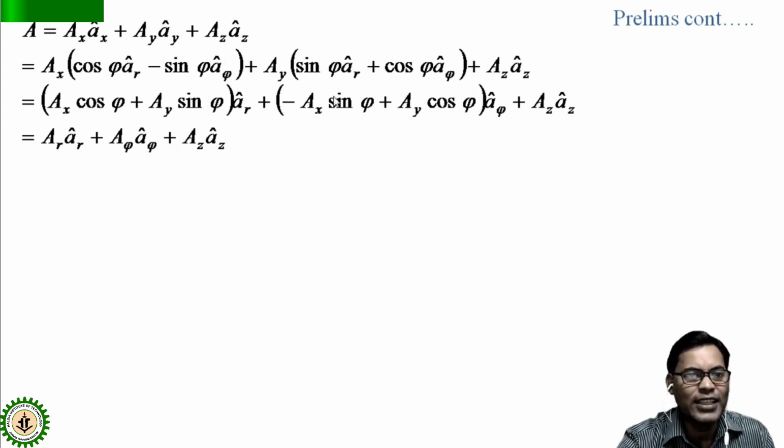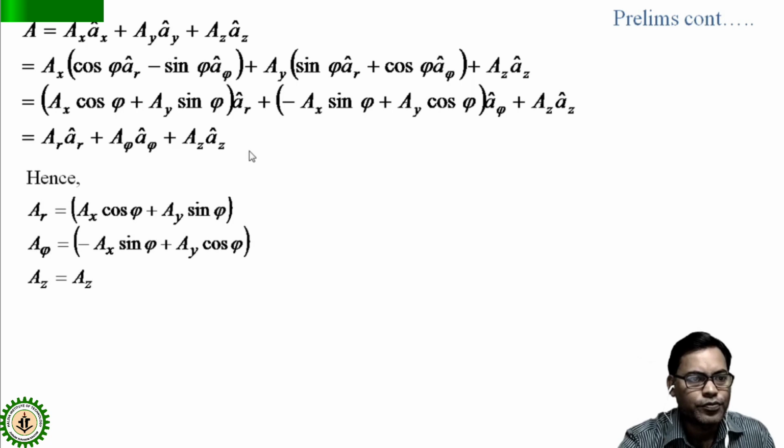Now rearranging all the terms, we get the component Ax cos phi plus Ay sin phi, because here Ar is present. If we simplify, this term equals the component AR into unit vector aR, plus this term is the component Aφ into unit vector aφ, plus AZ.